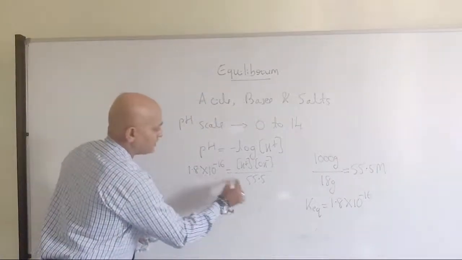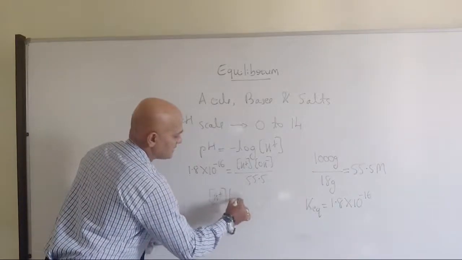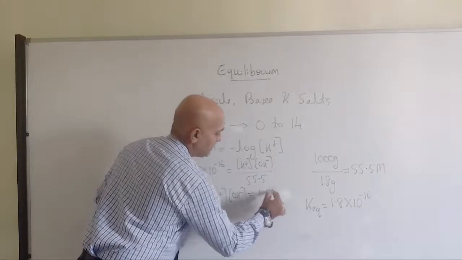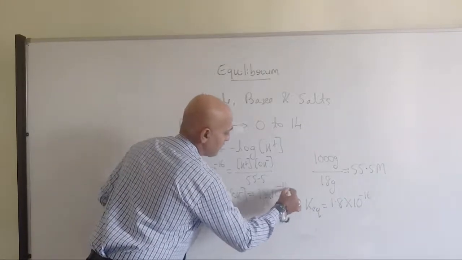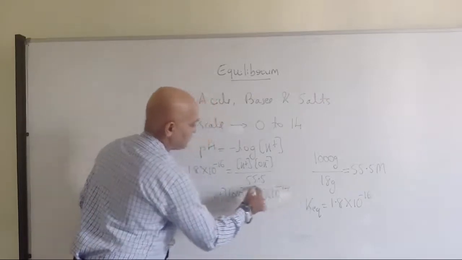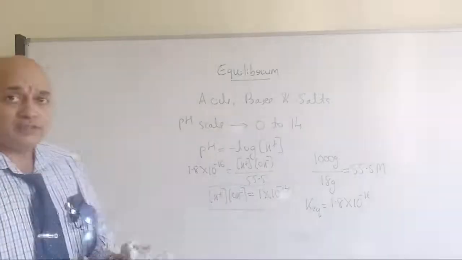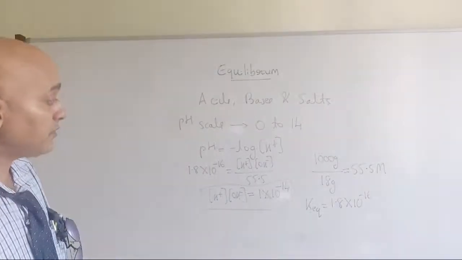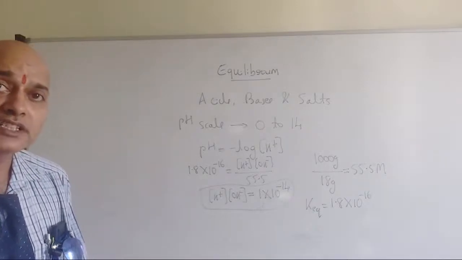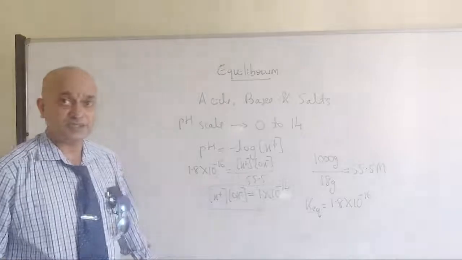So if I cross multiply, H plus concentration times OH minus concentration is equal to 1 into 10 to the power of minus 14. That's the value we get when we cross multiply these two. 1 into 10 to the power of minus 14. All of you have understood. So that's where we have the H plus OH minus concentration.